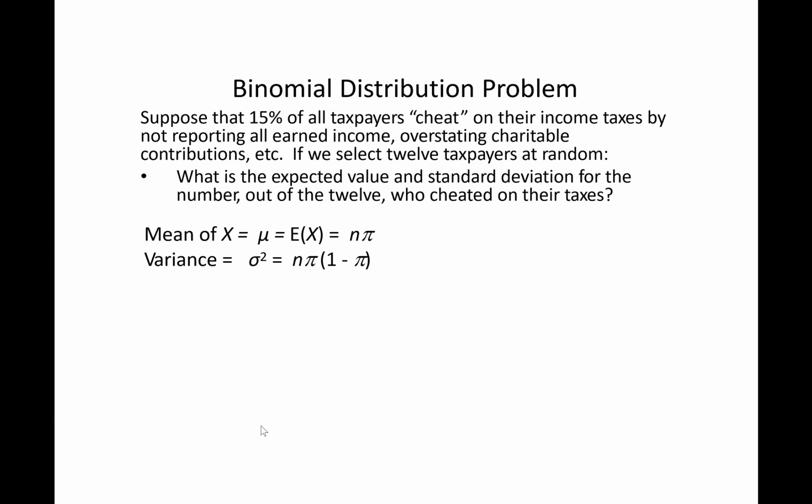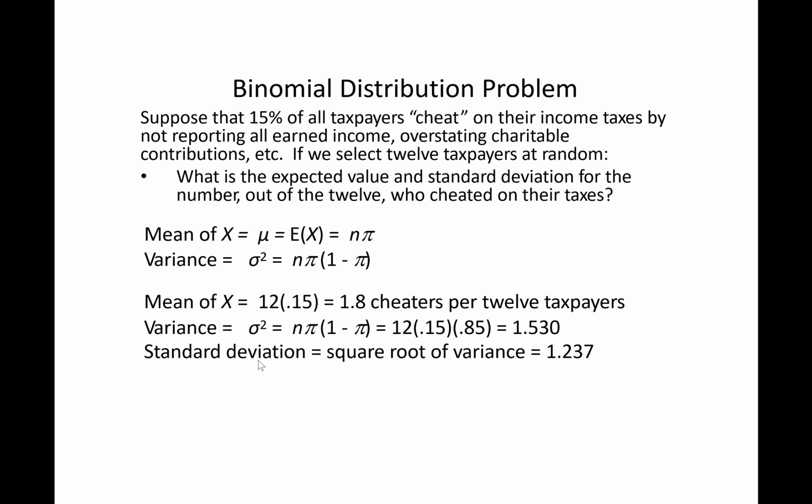So we're simply going to fill in the blanks. n is 12, pi is 0.15, and so we see the mean of x is 1.8, and the variance is 1.53. To get the standard deviation, we simply take the square root of that. We get 1.237. So you might be looking at this and saying 1.8 cheaters per 12 taxpayers.